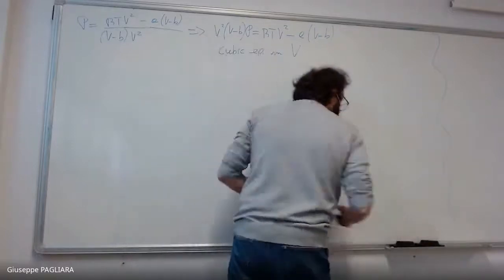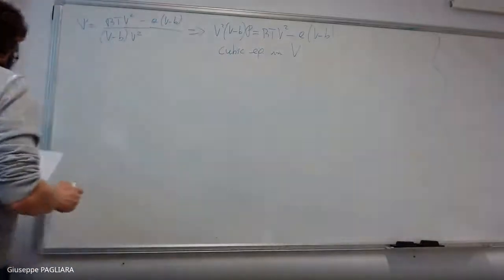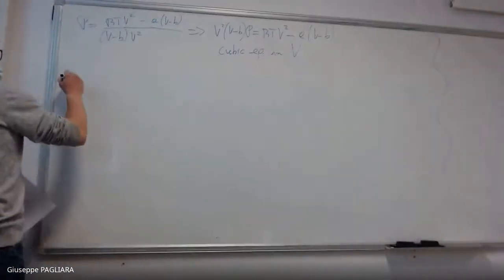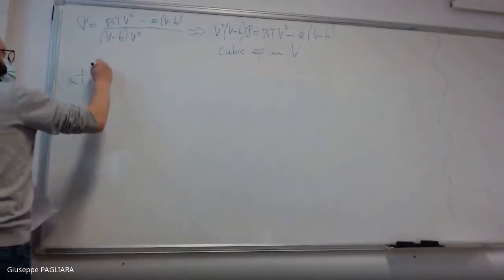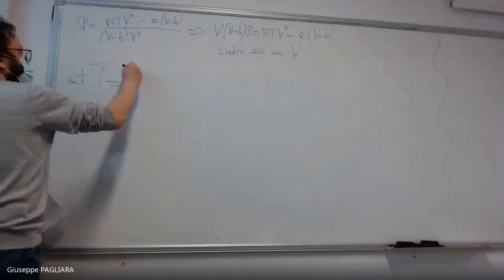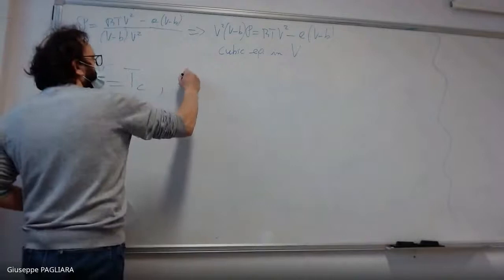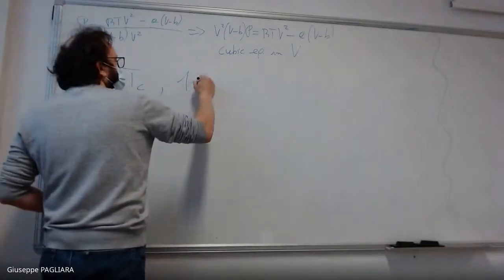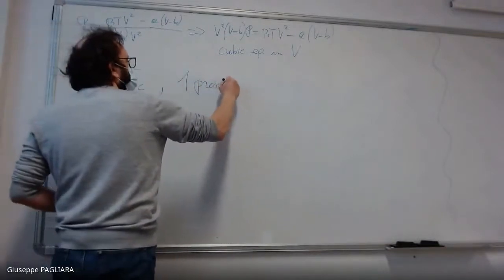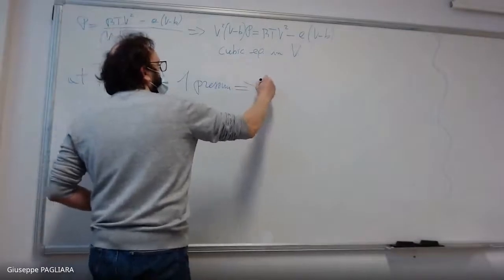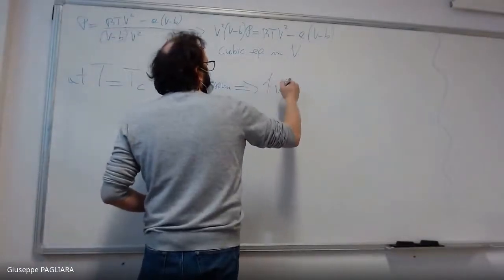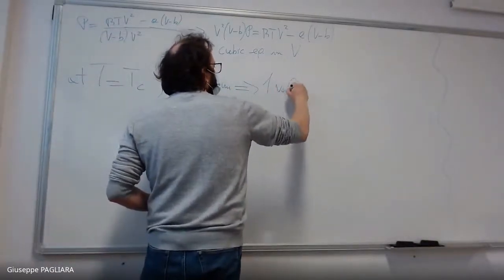So that means that at T equal to Tc, as we said before graphically, for a certain value of the pressure we have one value of the volume.